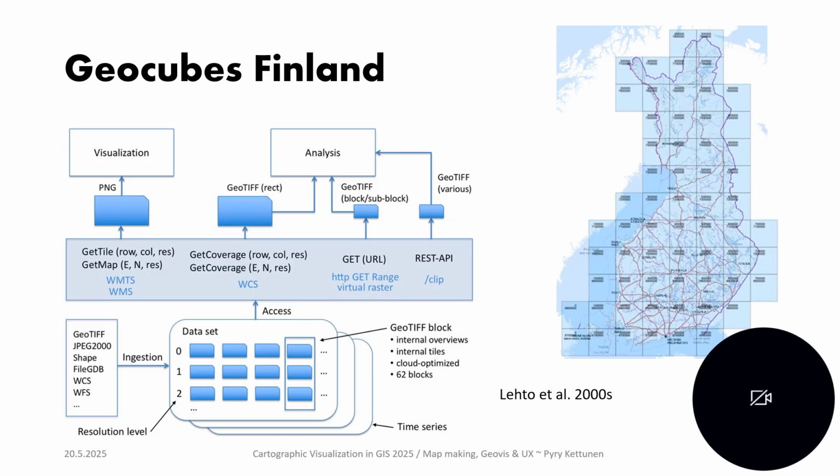Image formats like GeoTIFF, JPEG 2000, shapefile, GDB, which is actually a database format, and then also vector formats there can be fetched.